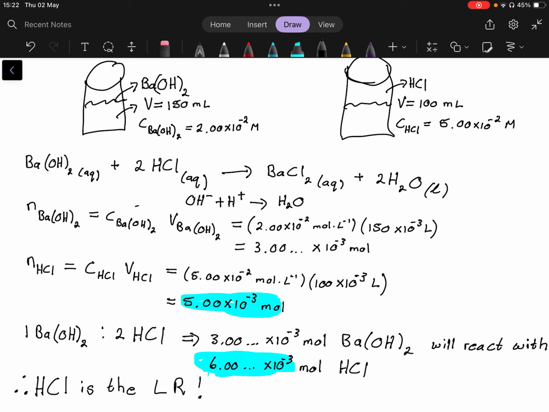The only thing that changes is the things that, of course, react, and the things in the net ionic equation. So I went a long way around so that you can see that is what happens at the end, versus saying, oh, this is something we know that happens, so we can just do that immediately.